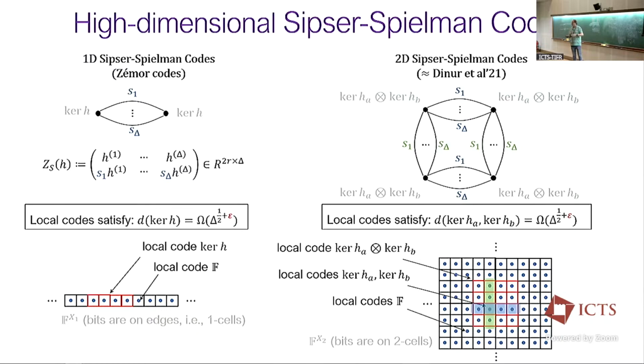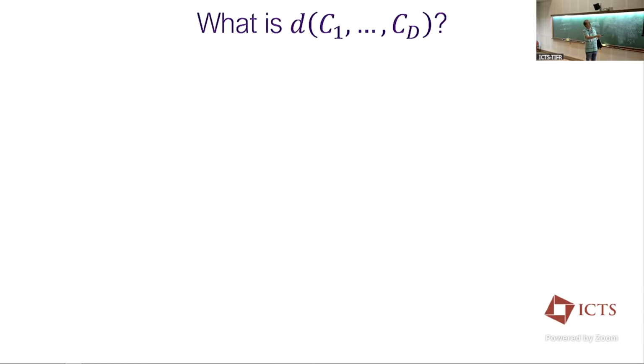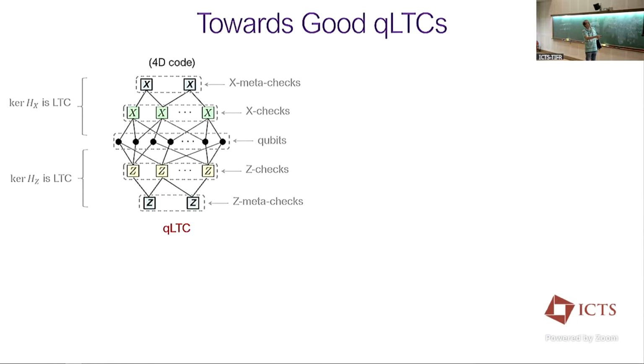And why I mentioned this decoder is because it also works in the context of QLTC codes. In the QLTC codes, we have 5 layers, and if we apply it here, we can also decode in linear time using this idea.